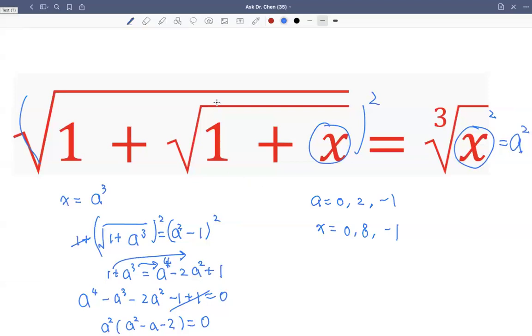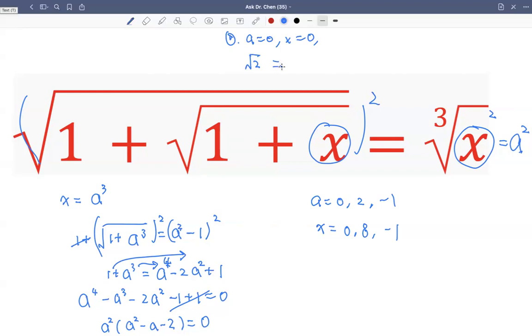Well, let's plug in, right? So if x is 0, the square root of 1 is 1. 1 plus 1 is 2. So we get the square root of 2 on the left-hand side.